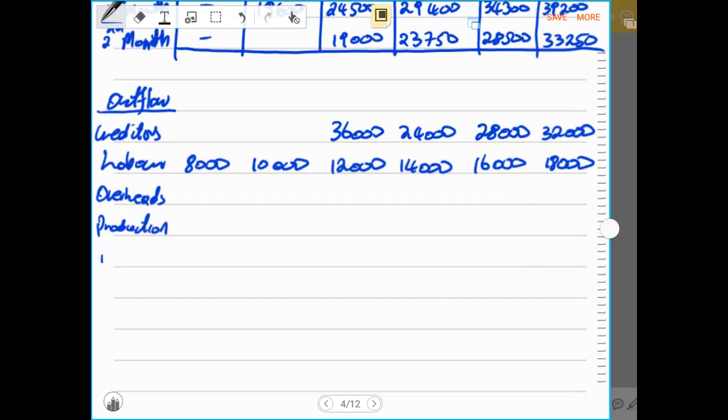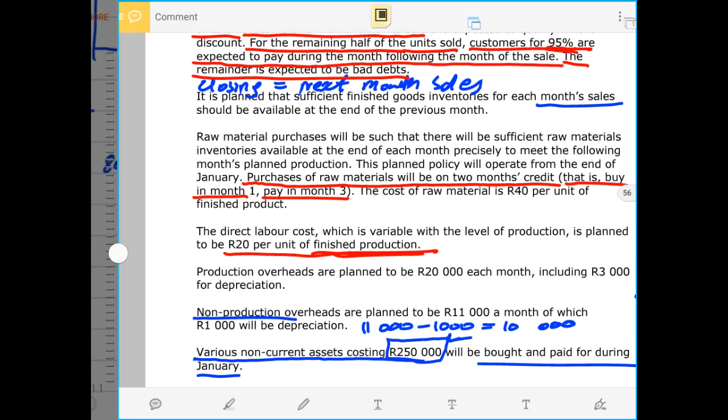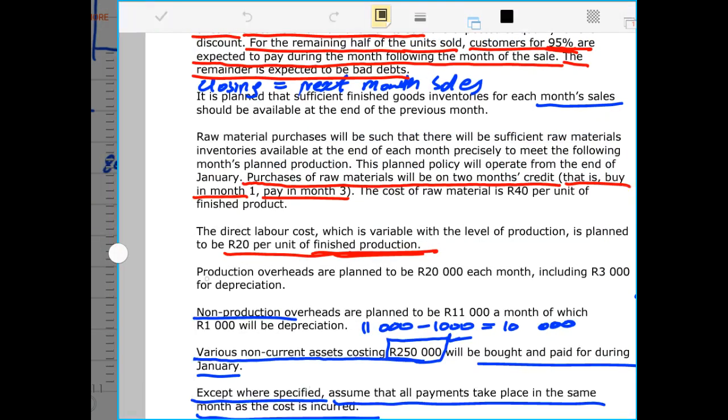I think it was 17,000 throughout. Why? Because production overheads were planned to be 20,000 each month, including 3,000 of depreciation, and we have to say less 3,000. This will give us 17,000.